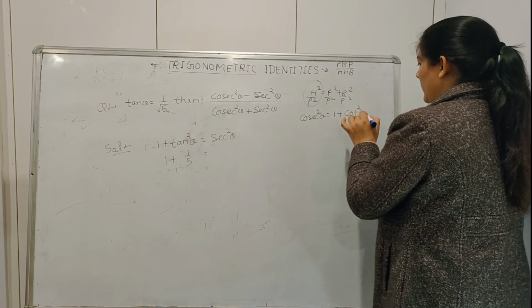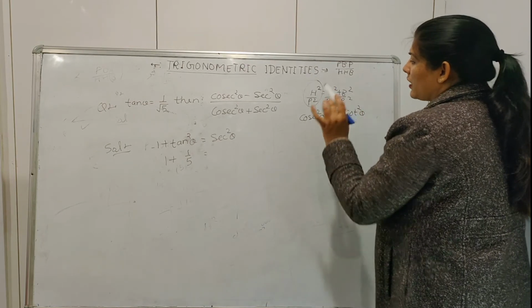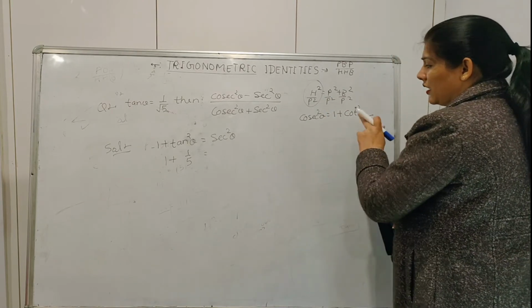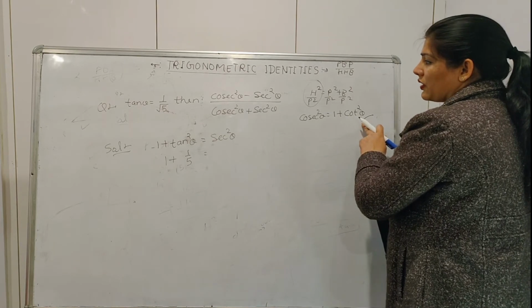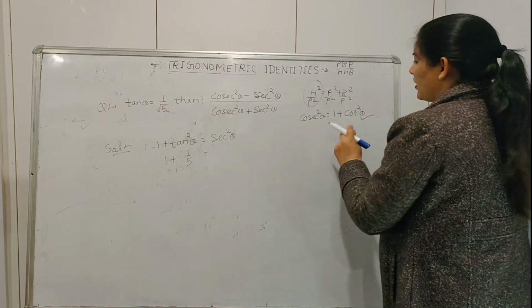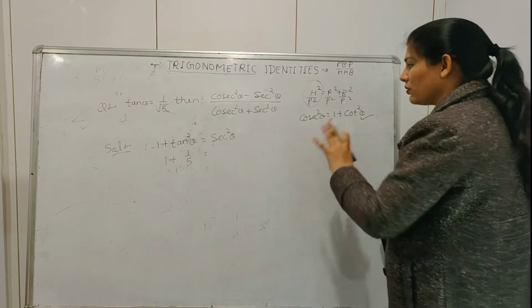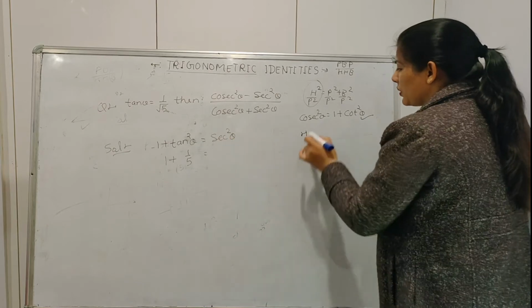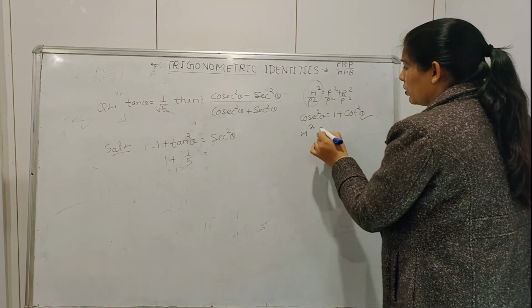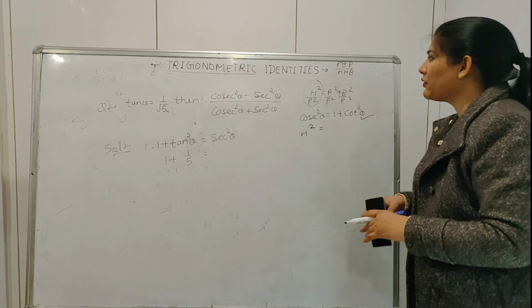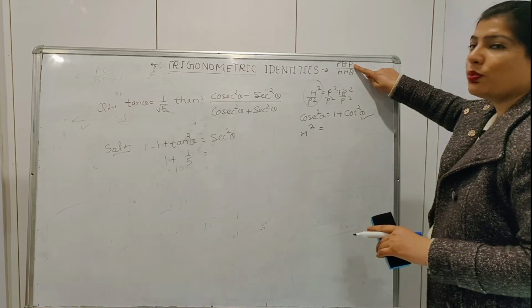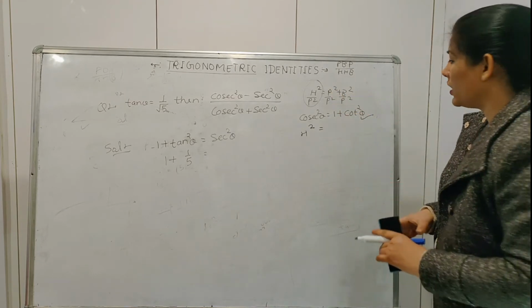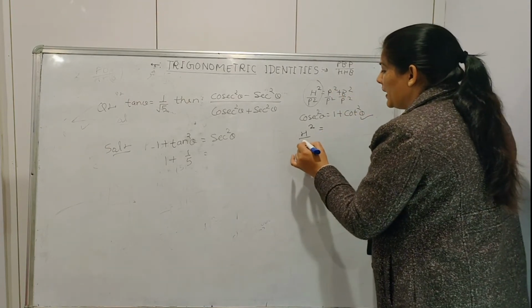But I have to make tan square, so I didn't erase it because I will need this after this one. I have to find cosec square theta also, so I have written it as well. If you want to write this equation, you will divide the whole equation by b square, because I have told you that tan theta is equals to p upon b.